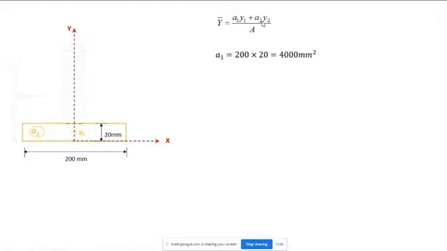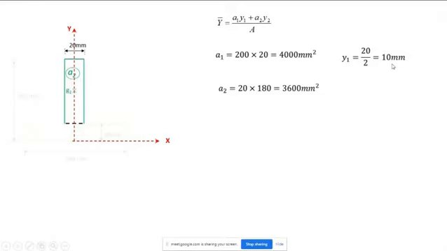And next thing is to calculate the area of each part. So A1 is equal to 200 into 20, which is 4000 mm square, and y1 will be nothing but the distance of centroid G1 from the x-axis, which is equal to 20 by 2, 10 mm.